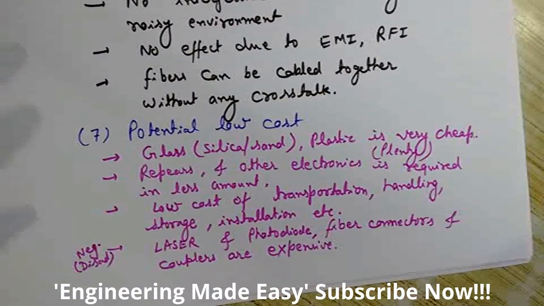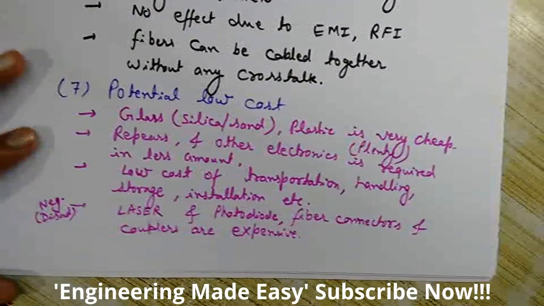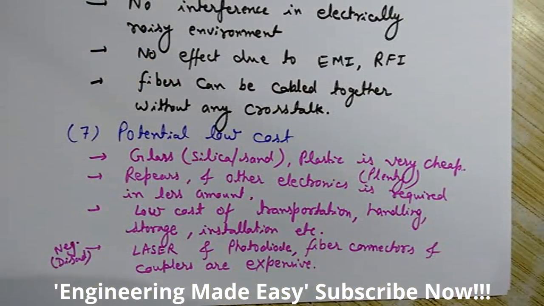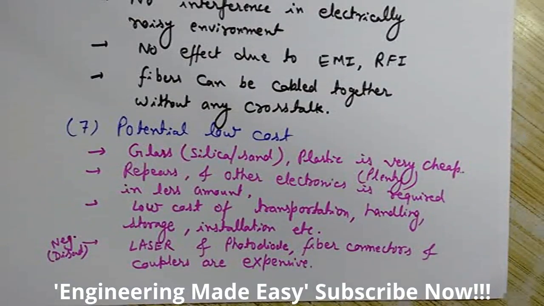These are some disadvantages which make it a little bit expensive in comparison to metallic wire communication. But overall, the low cost of maintenance and fibers and fewer repeaters make the system less costly.